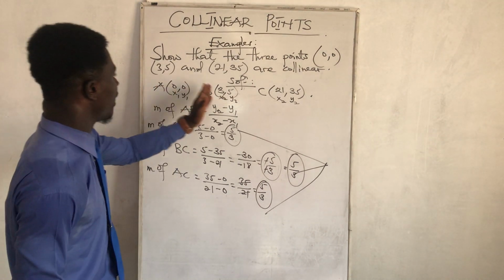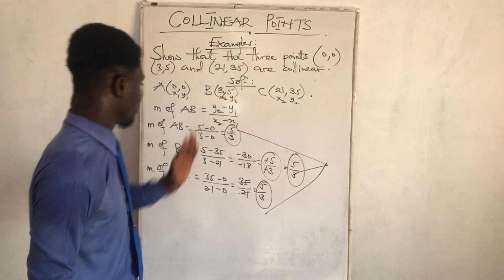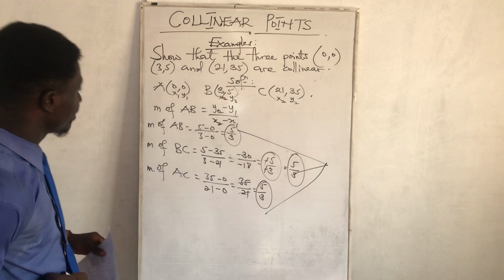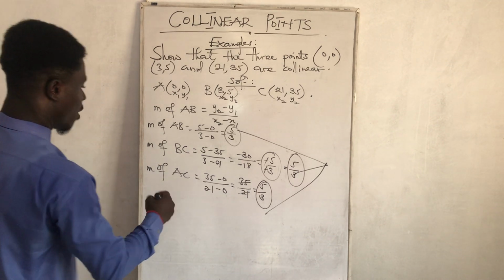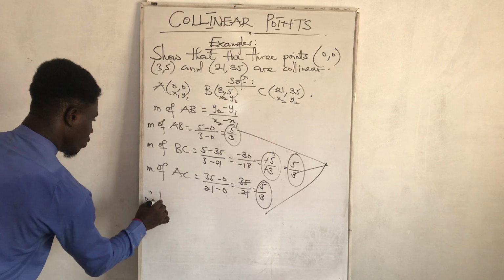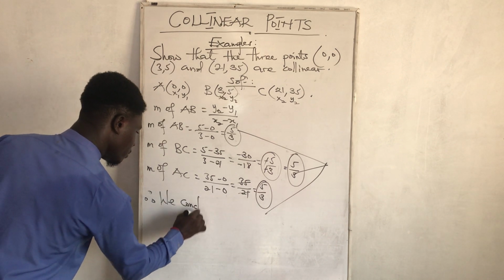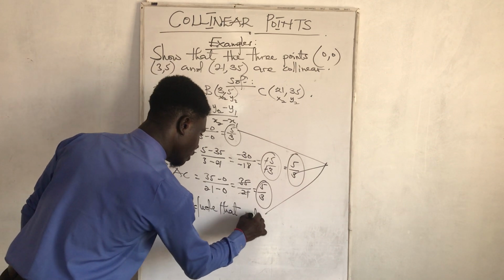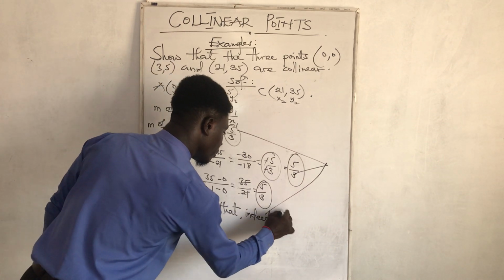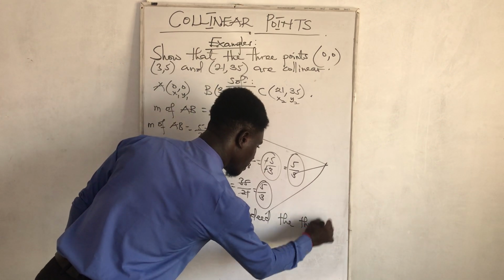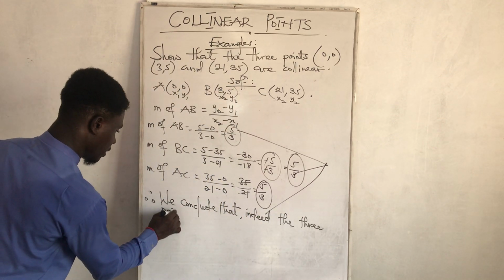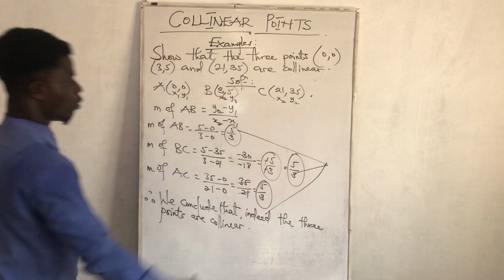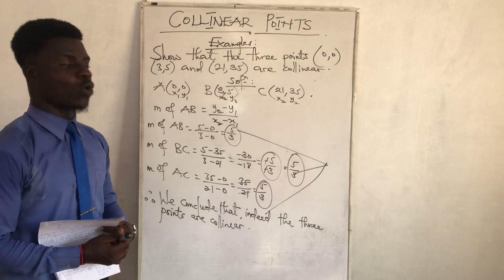Since the gradient of AB, the gradient of BC and the gradient of AC are equal, we conclude that indeed the 3 points are collinear. So watch it very carefully.